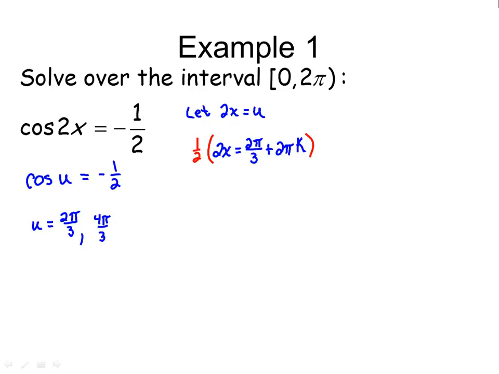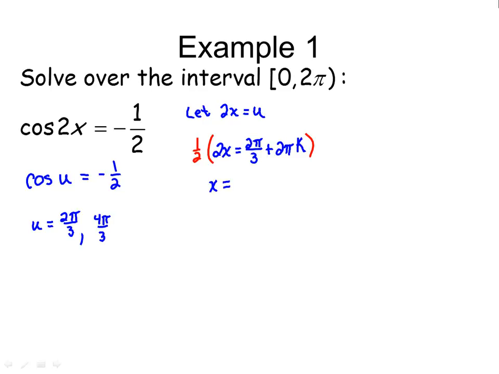So what you're going to do is multiply every single term by this 1/2. Now get your calculators out because you're going to need it, especially if you're not fraction friendly. So 1/2 times 2x gives you x. That's what I need. Is equal to, what's 1/2 times 2/3?